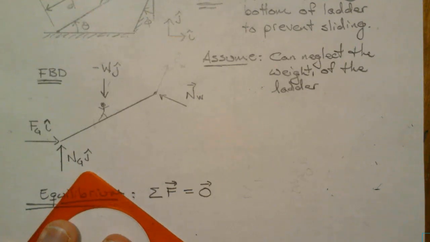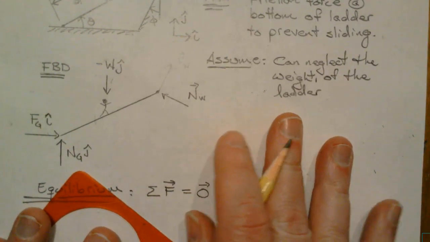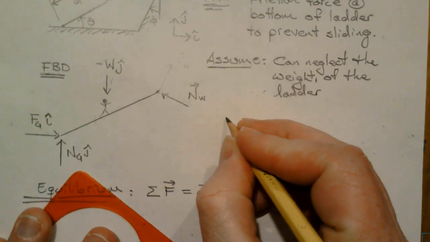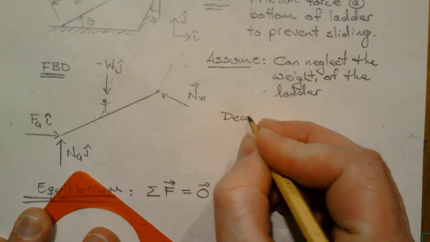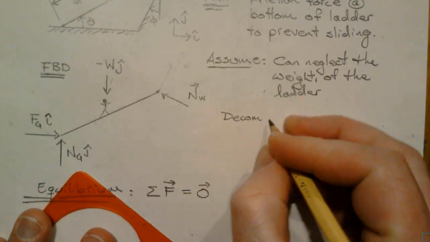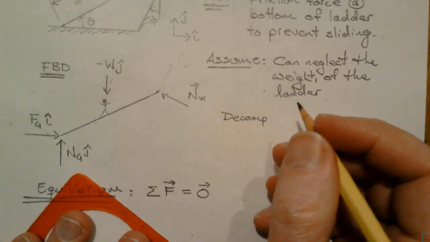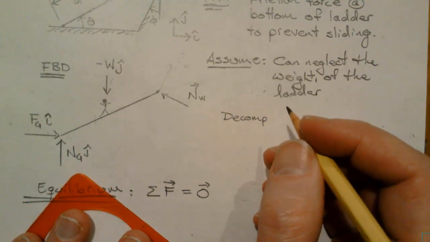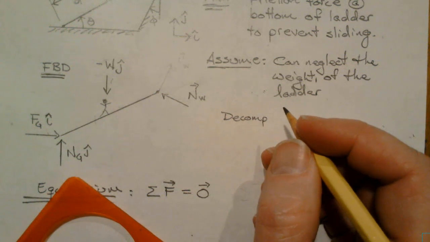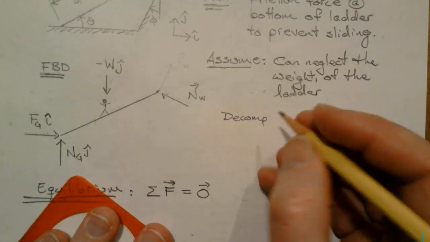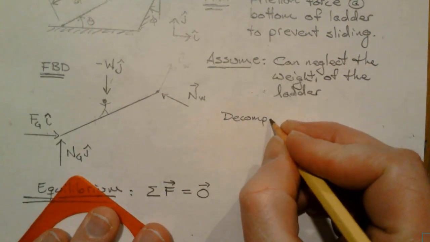Now this process of splitting a vector into components is called decomposition. I hope you recognize that I've already asked you to do some vector decomposition problems for practice, because this becomes a really good skill to have if you can do it quickly. We'll do it a little bit slowly for now.